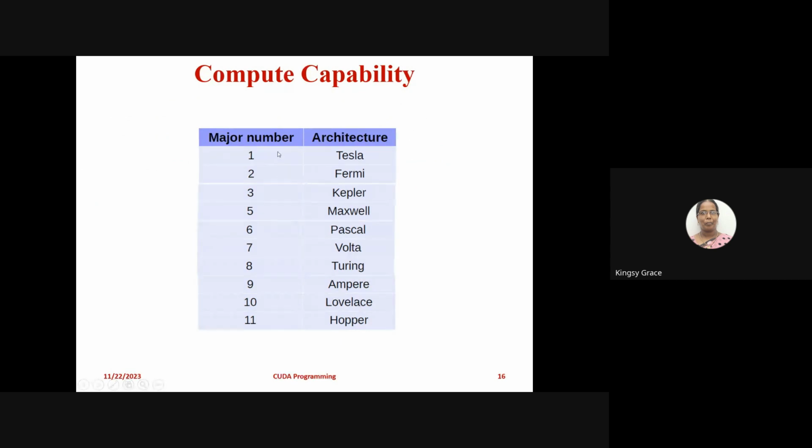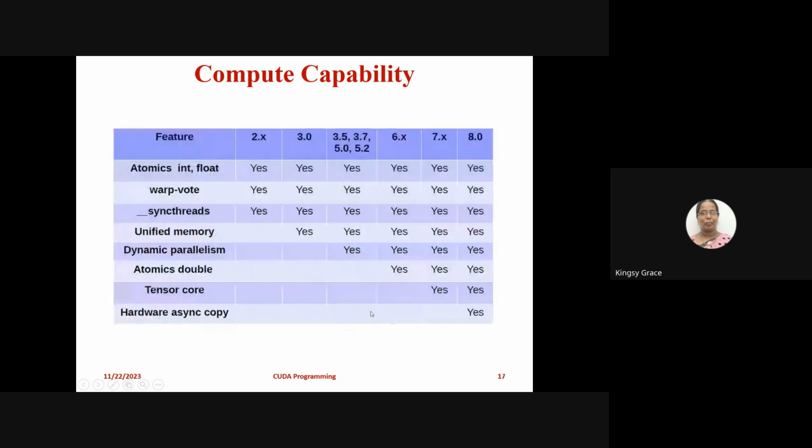Here the compute capability. We have Tesla, Fermi, Kepler, Maxwell, Pascal, Volta, Turing, Ampere. The latest one is Hopper. See here the compute capability of different versions of CUDA. In 2.x and all, you are having the atomics in the float, warp vote, sync threads.